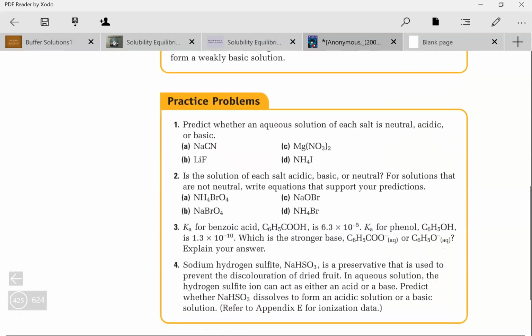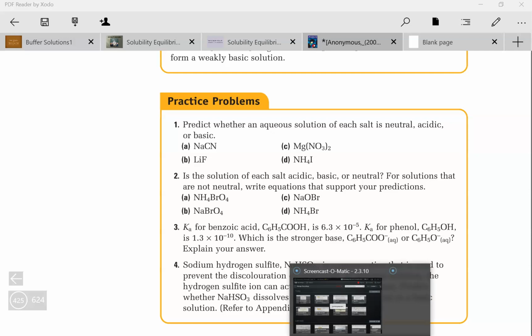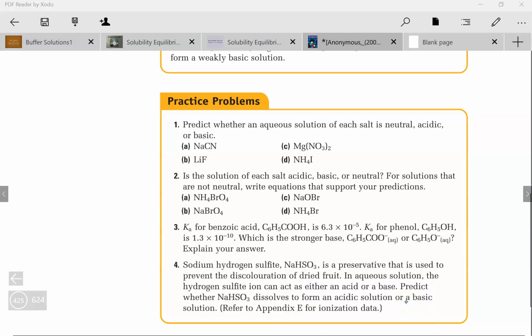We're going to continue with this little chart over here. Okay, so now we will look at each salt and predict whether it's acidic, basic, or neutral.